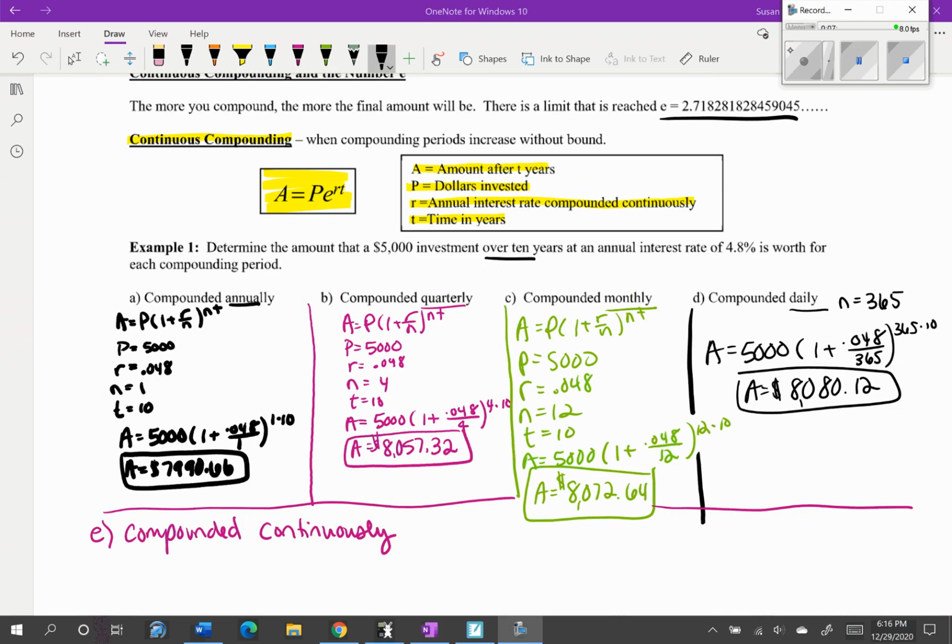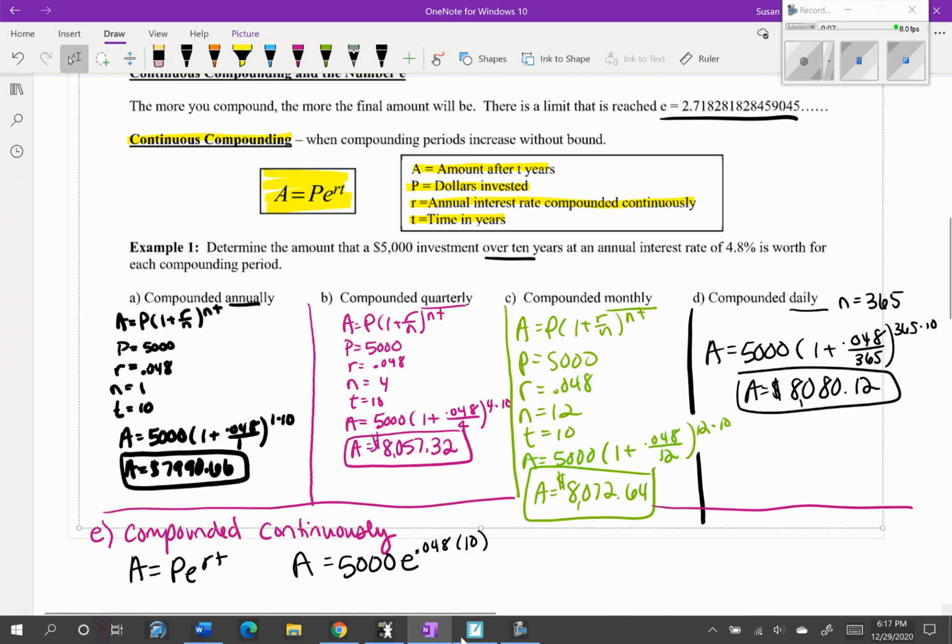What if instead we had one of these as compounded continuously? So I added another one here, E, which says compounded continuously. So anytime you see compounded continuously, those are the keywords to know you're using the formula A equals P E to the RT. And in this case, we're trying to find the amount. 5,000 is still our starting amount, times E, and our rate was 0.048 times time, which is 10.